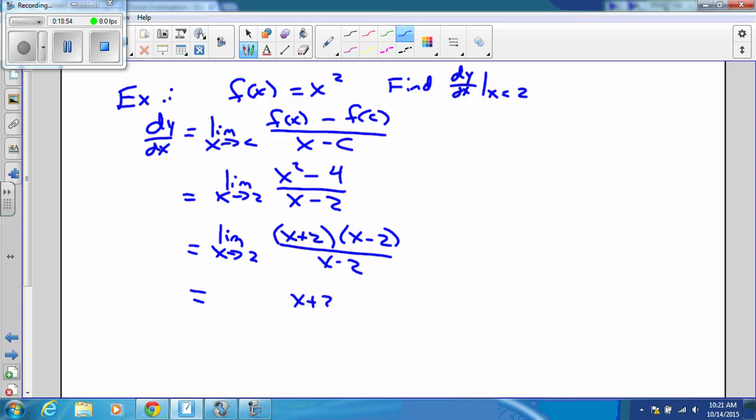So x plus 2. You didn't learn your lesson. Limit as x goes to 2. Say that first. Write that first. Okay. What does that equal? 4. Notice no limit here, because the limit as x goes to 2 of x plus 2 is, according to our polynomial theorem, 2 plus 2.